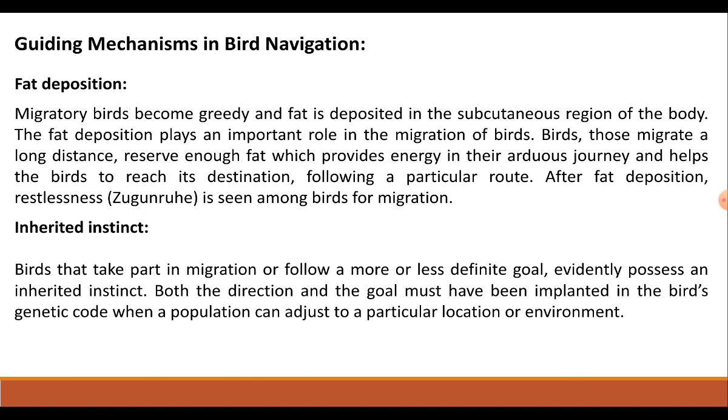It is difficult to generalize on the means of orientation and navigation in migration, where different groups of birds with different modes of existence have evolved different means of finding their ways from one place to another.